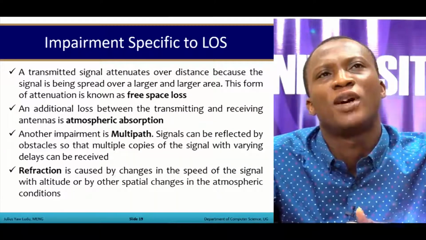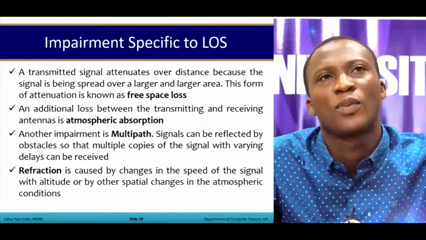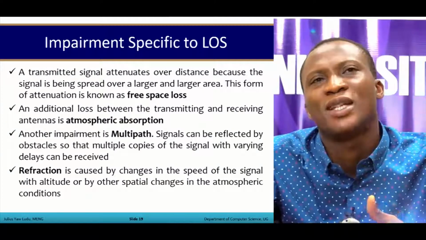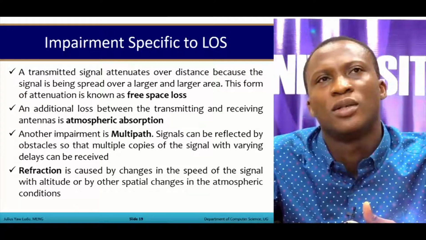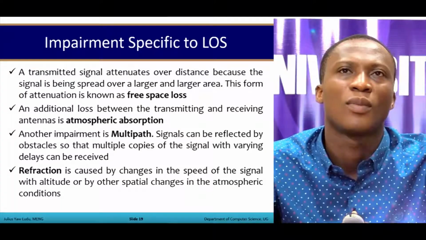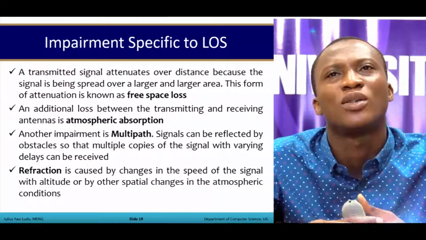A transmitted signal attenuates over distance because the signal is being spread over a larger and larger area. This form of attenuation is known as the free space loss. Additional loss between the transmitting and receiving antennas is known as the atmospheric absorption. Another impairment is known as multipath, where we have different paths which signals travel.